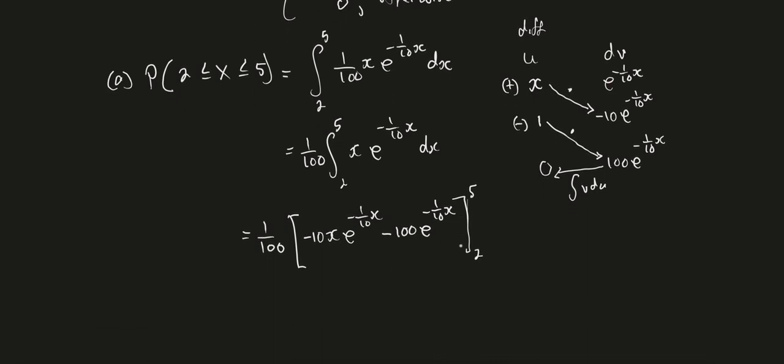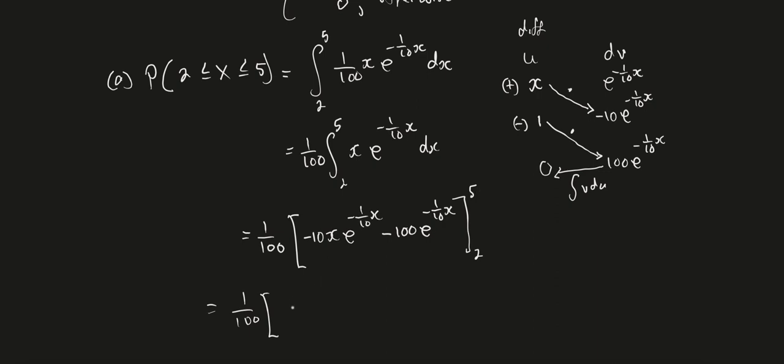All right. So again, a couple things we could do that might help. Seeing that we have the 1/100th out here, if I were to distribute it, it would simplify things a little bit. Or if you want to keep the 1/100 outside, you can certainly do that. But don't forget that we have to multiply by this 1/100 at some point. Otherwise, we're not going to get a valid probability. So let's start with the upper limit and plug the 5 in.